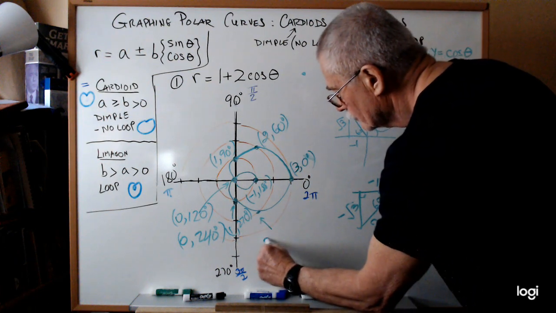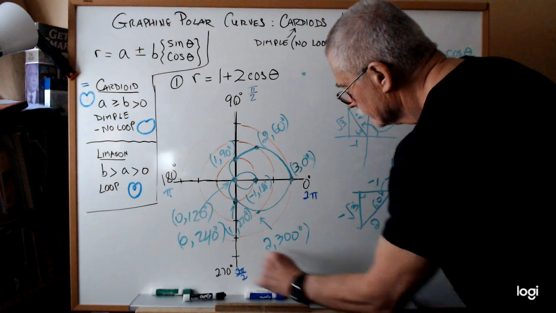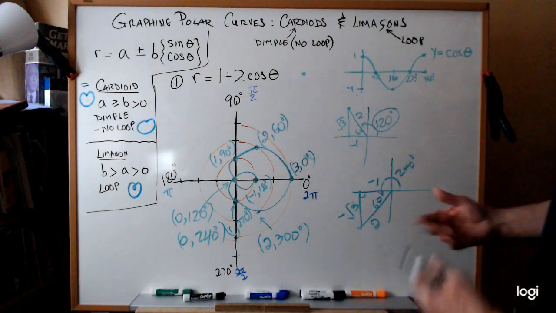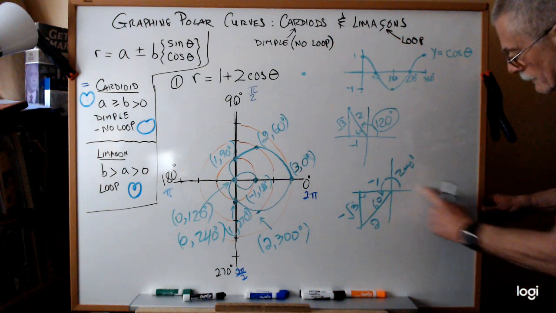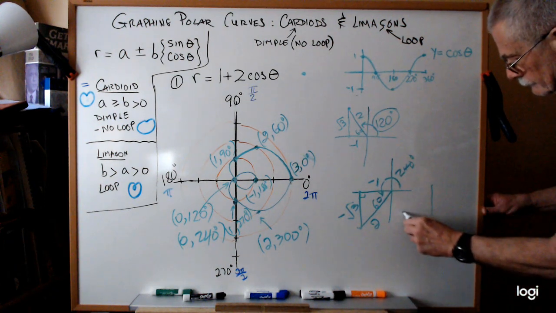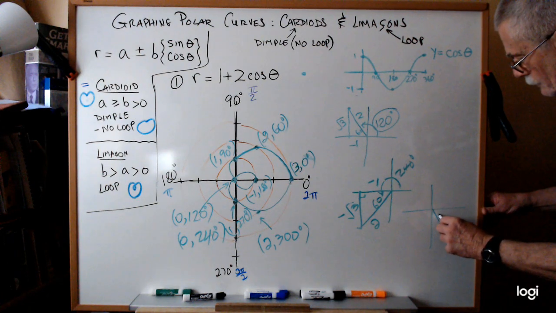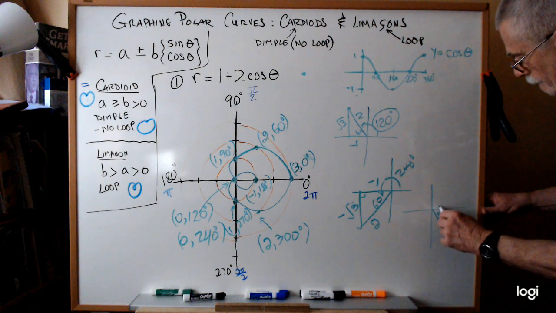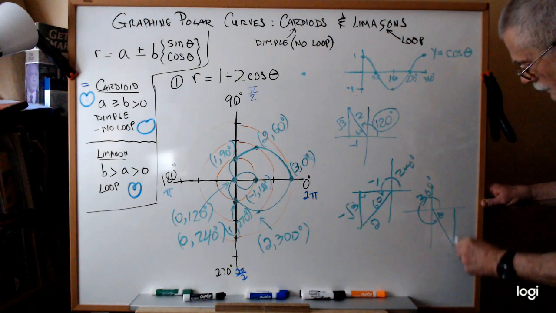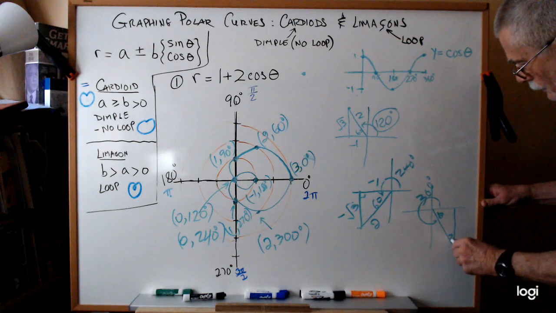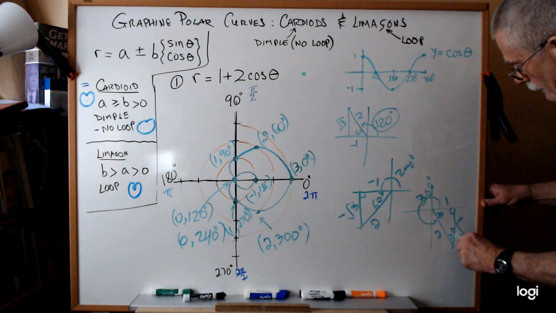So it would be (2, 300), because you'd have another reference angle of 60, the cosine of that. Okay, so let's actually do that. So this would be 60 in here. This is 300 degrees. Okay, so this would be 30, so 1, 2, radical 3.